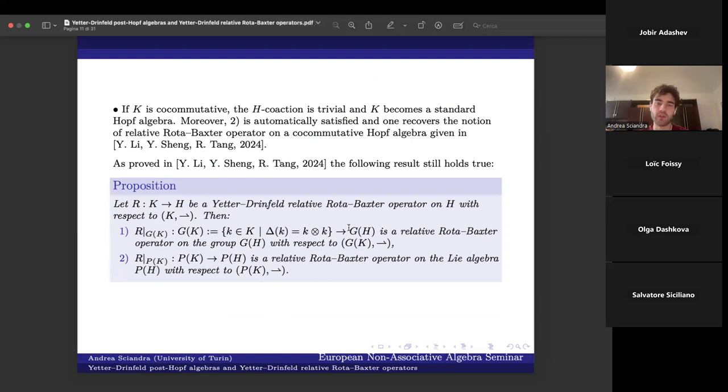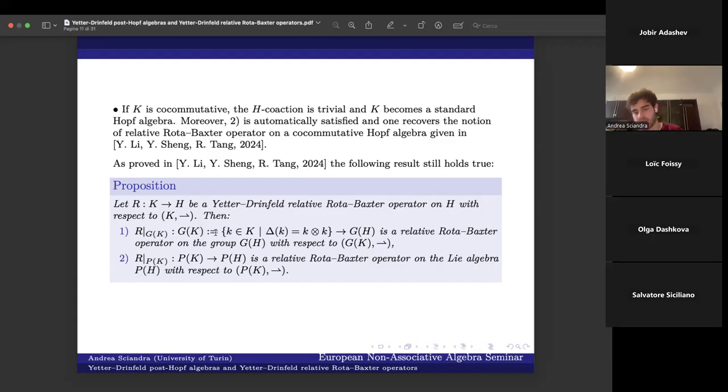In fact, we recover the definition of relative Rota-Baxter operator on a cocommutative Hopf algebra given by Lang, Sheng, and Tang. And as proved by them, also in our case, the following result still holds true. If we start with the Drinfeld relative Rota-Baxter operator and we restrict it to group-like elements of the Hopf algebra K, which are the elements such that the delta of k is k tensor k, and this forms a group, this goes from group-like elements of K to group-like elements of H, and it is a relative Rota-Baxter operator between groups.